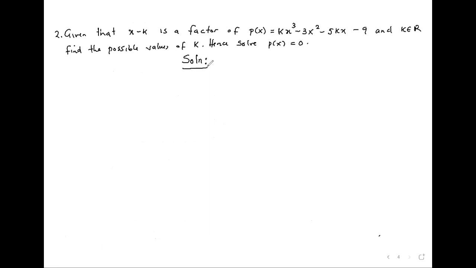Given that x minus k is a factor, if we equate x minus k to 0, we'll have x is equal to k. We are told this polynomial has this factor, then p of k should be equal to 0.